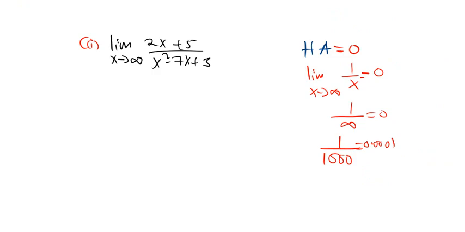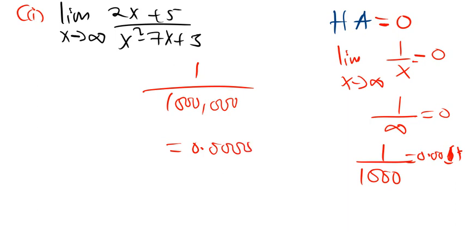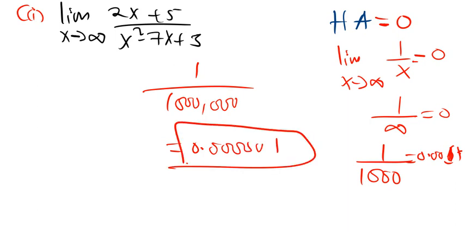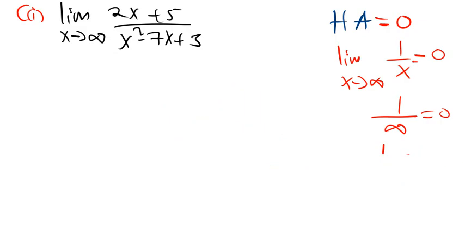Okay, so 0.001 is close to 0. So if we get again a very big number, maybe 1 million, this is going to be 0.000001, like that. This is just close to 0. So if you divide a number by infinity, it's 0. That is the rule of infinity.